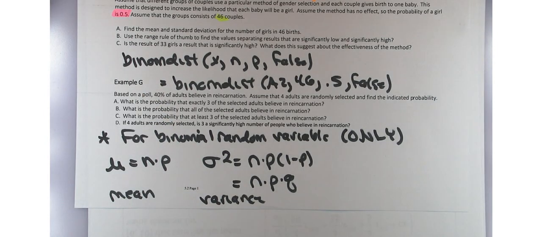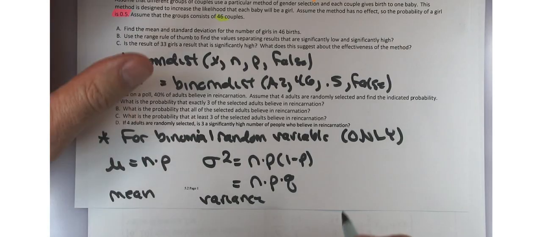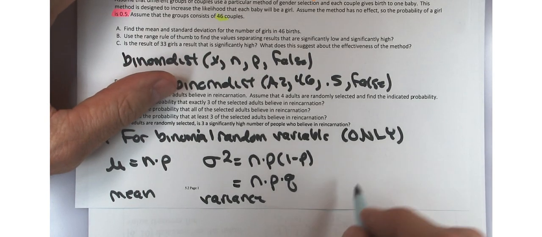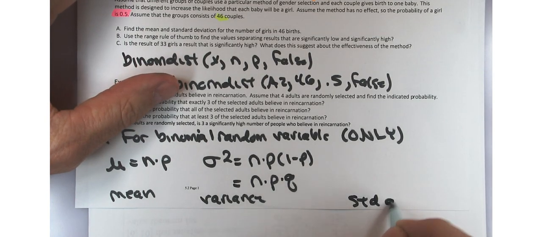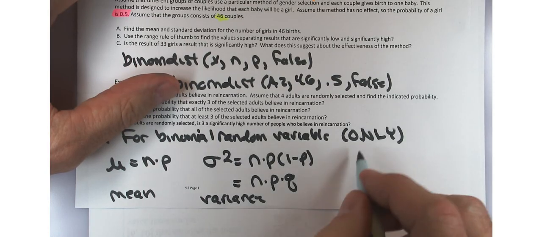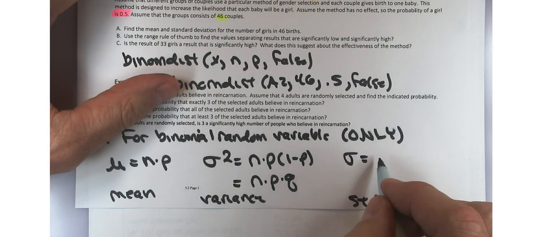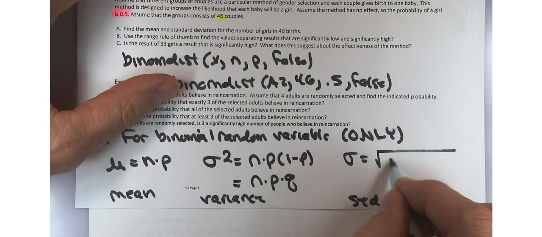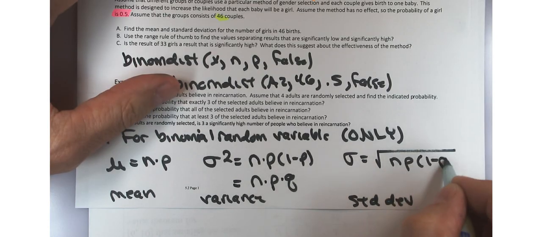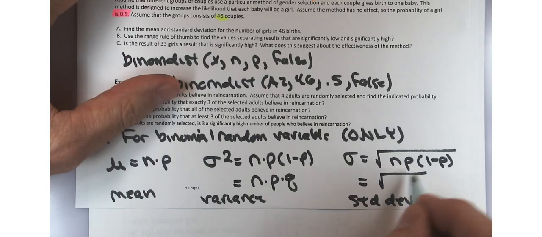How am I going to find the standard deviation? Square root of variance. Nice. Standard deviation is going to be the square root of variance. So it's going to be sigma equals the square root of n times p times 1 minus p, or the square root of n times p times q.